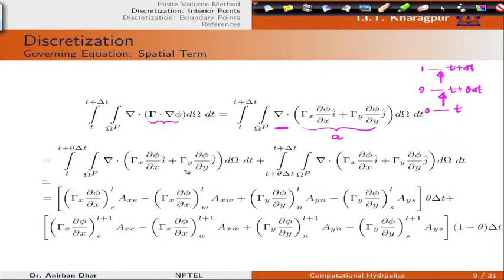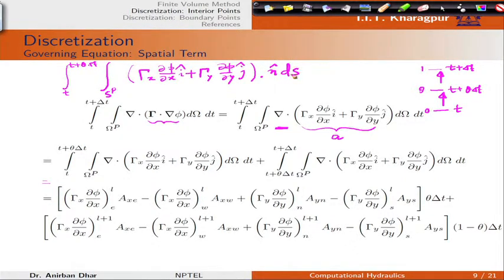That intermediate step is actually t plus theta delta t, and this will be over SP or surface, and gamma x del phi del x i plus gamma y del phi del y j dot n cap into ds. This is for the first term.